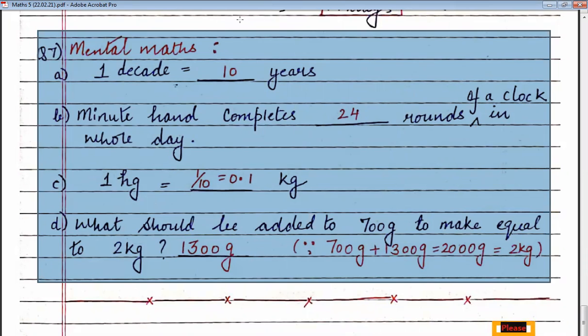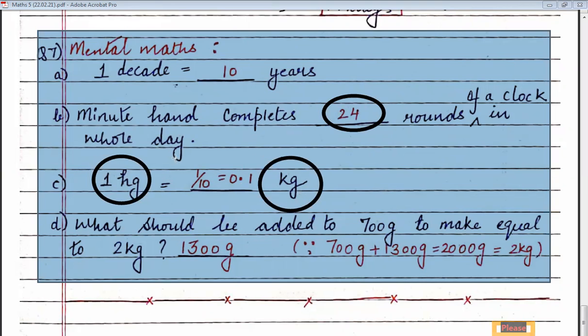Minute hand, I repeat, how many rounds does it take in one day? It's 24. It takes 24 times. Now, 1 hectogram is how much kg? That is 1 hectogram is equal to 1 upon 10, that is 0.1 kg.